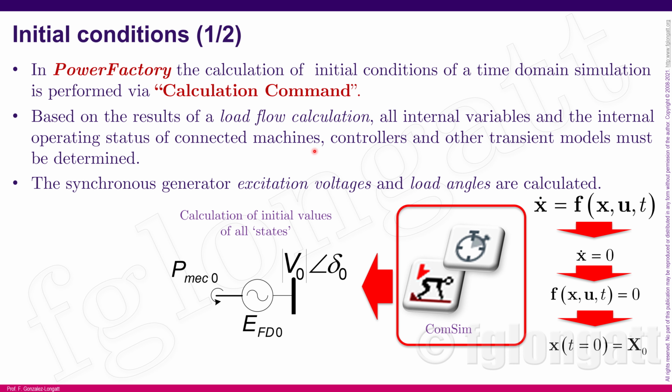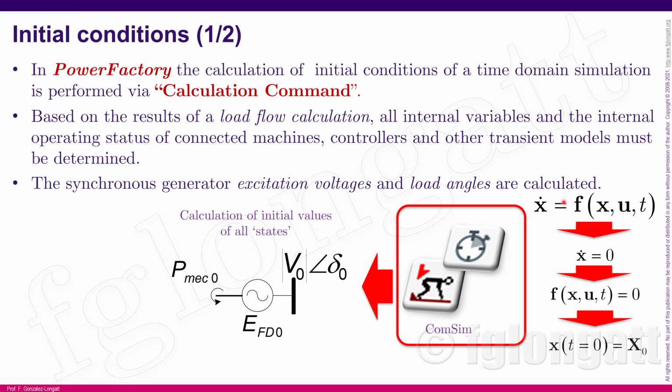But the thing is that they simplify the differential equation assuming a steady state. When you press the calculation command initial condition, Power Factory obtains the load flow calculation. And that load flow calculation gives, for instance, the terminal voltage or the terminal angle.